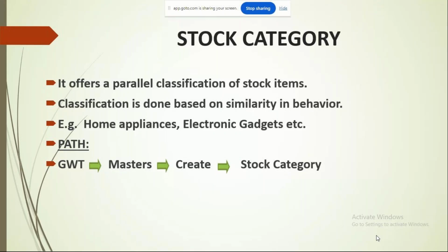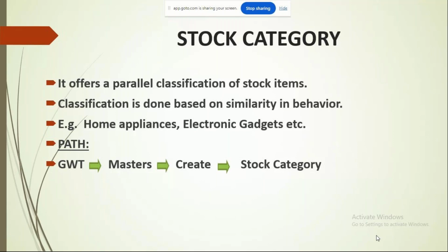For example, if I have to create home appliances, electronic gadgets, I'll give you an example at this stage itself. If you go to a couple of electronic showrooms like Croma, Lance Digital, wherever you go, suppose I want to purchase a new washing machine for my home. So how do they usually categorize washing machines?